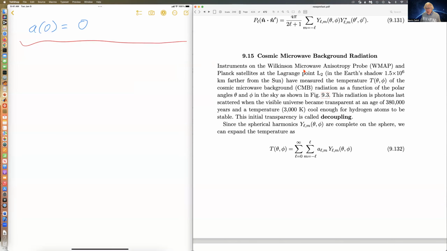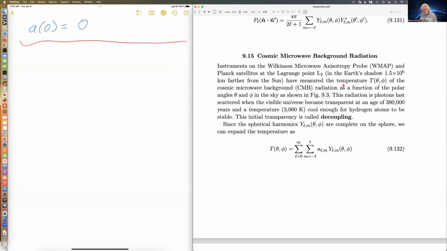And so since then, various satellites have been set up to detect this radiation more carefully. The Wilkinson Microwave Anisotropy Probe was one, and then the Planck satellites, which are at the Lagrange point. This is in the Earth's shadow, about 1.5 million kilometers farther from the sun.